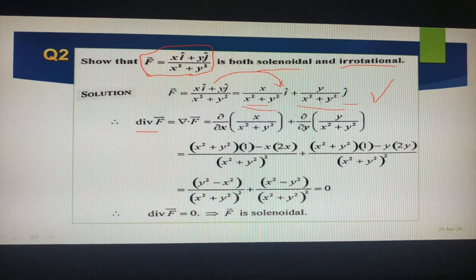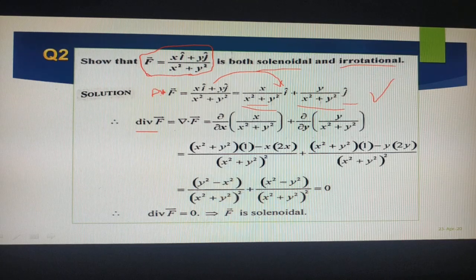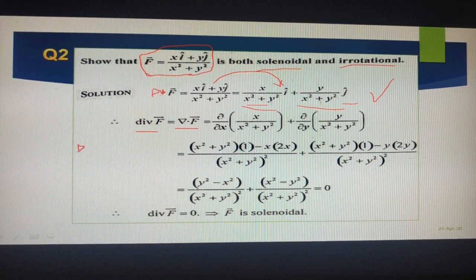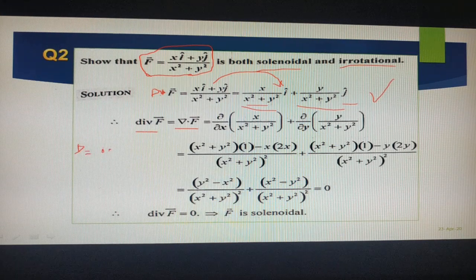So now, as you know, we are finding del dot F bar. When taking the del operator here, we need not consider the third component. Simply we can consider i dou by dou x plus j dou by dou y, because the third component is absent here.